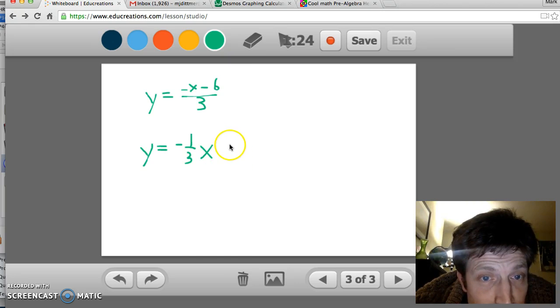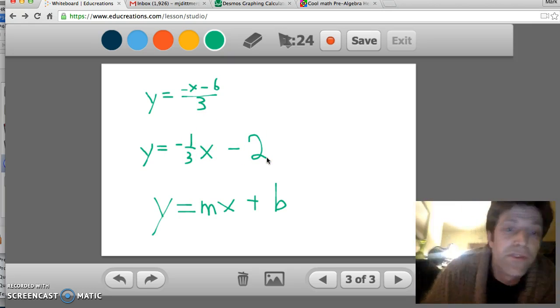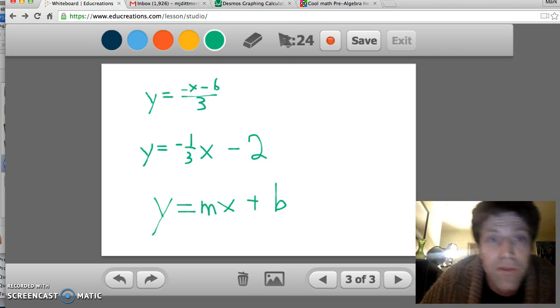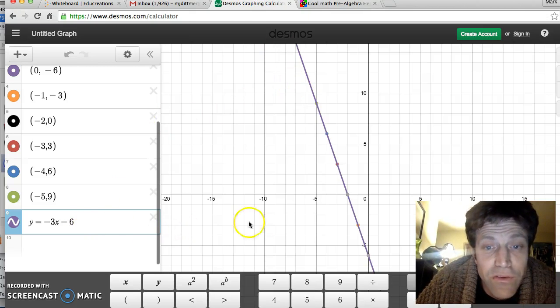If you have no idea what I'm talking about, what you need to know is that the slope is always the number in front of the x, and the y-intercept is always the number being added or subtracted if it's negative. So in this case, the y-intercept is negative 2. So that's how we're going to graph the original function. We graph the inverse, negative 3x minus 6. The original function is negative 1/3 x minus 2, right?